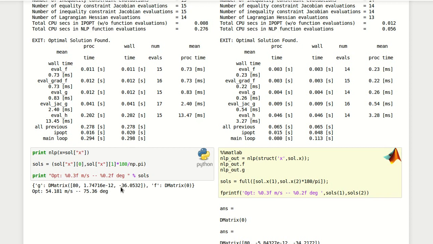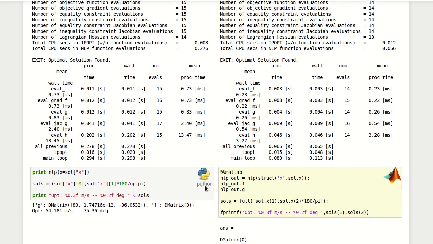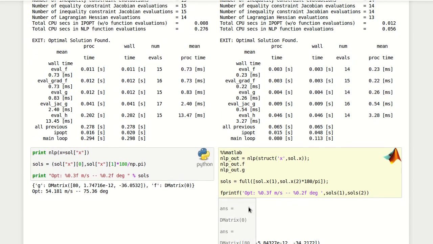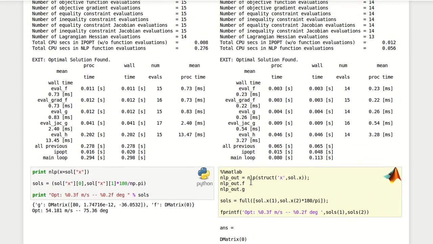So the solution is to shoot 54 meters in this case. Now the solution is not unique, so any small perturbation can make it deviate. I'm not quite sure why this result is not the same, but yeah, the solution is not unique.